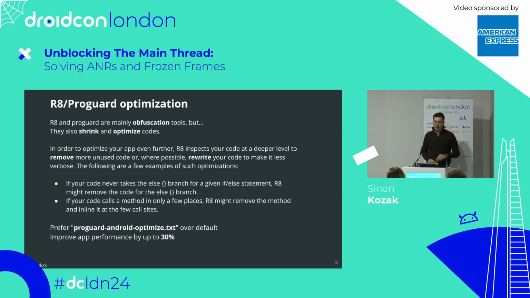And it's nice that we have this tool, but it's only good when we use it. In our case, we saw a 25% improvement by using R8 versus not using it. And if you are using full mode of R8, that also gives an extra 5% boost to application startup time and some common operations in your code.